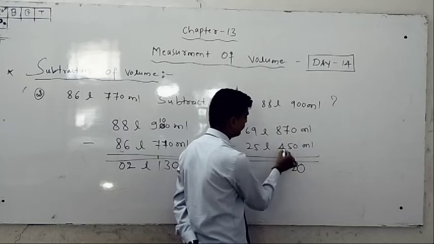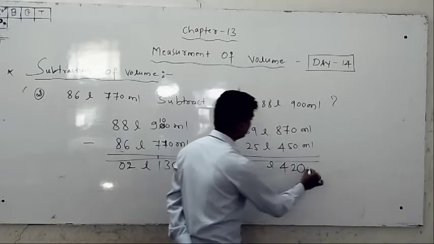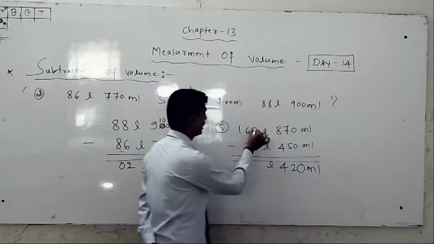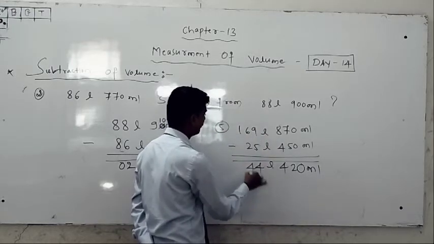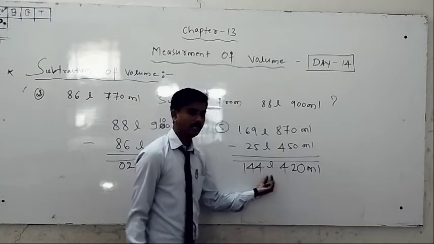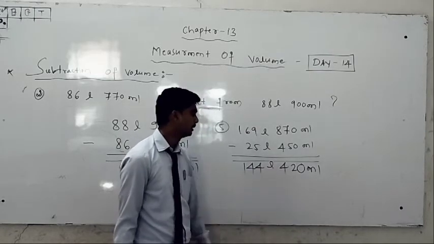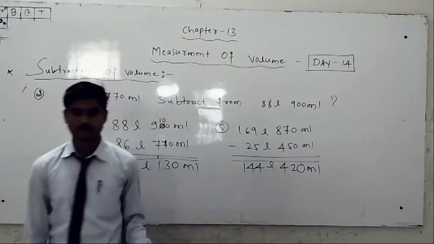Tell me. It is 4. Then it is liter and it is milliliter. 9 minus 5 is 4. 6 minus 2 is 4. 1 as it is. 144 liter and 420 milliliter. This is the answer. Okay, write down this answer.